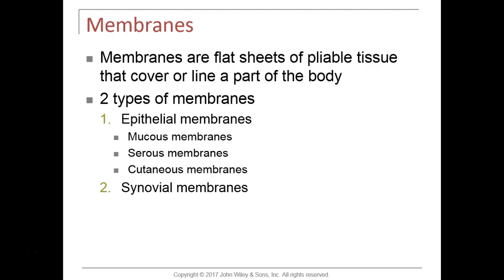We have membranes that are considered to be epithelial membranes that are separated into either being what we call a mucous membrane, serous membrane, or cutaneous membrane. I'm going to show you these in a second. We also have a membrane that's found on the insides of certain types of joints in the body. We're going to cover the joints in Chapter 9. And those membranes are called synovial membranes. So let's look at these a little bit more closely.